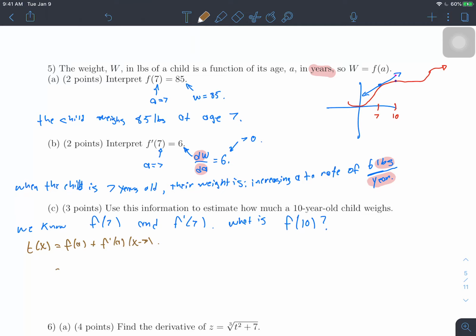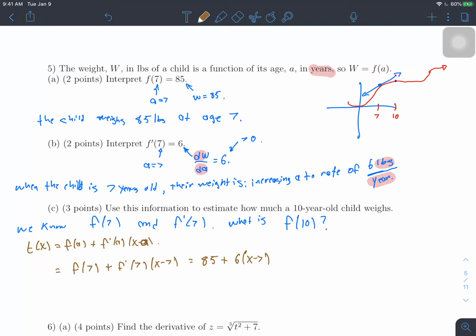So we're going to get f of 7 plus f prime of 7 times x minus 7, which is equal to, well, f of 7 was 85, plus 6 times x minus 7, and we're interested in knowing what is f of 10?